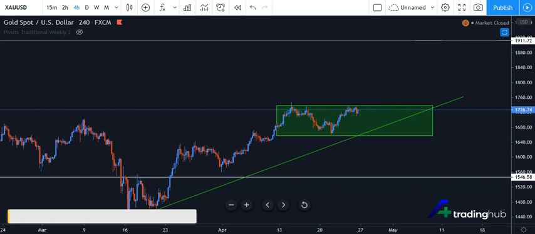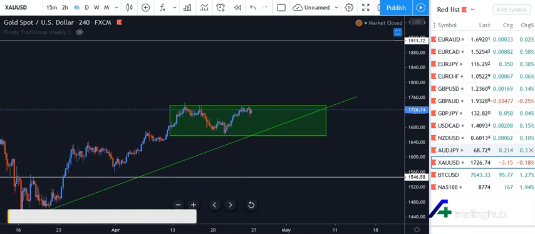Also, price may not make this one more drop. Price may just break this kind of flat correction we are having here and continue pushing to the upside. So whatever presents itself, either price dropping down, tagging here and pushing up, or price breaking out of this flag around here, make sure you don't miss that bullish wave to the 1911 zone on gold.